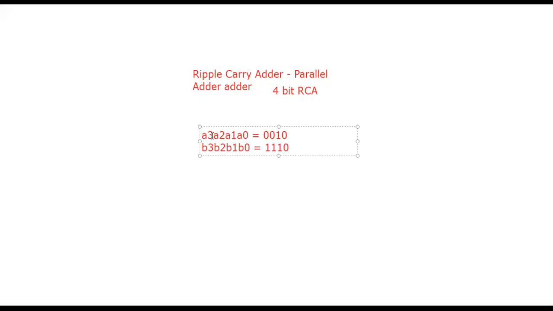Now the parallel adder will add two numbers parallelly. So this 0 will be added along with this 0. 0 plus 0 is 0. Do you have a carry? We don't have a carry. So 0 plus 0, let me take this as S0, sum 0. And am I getting a carry from here to here?